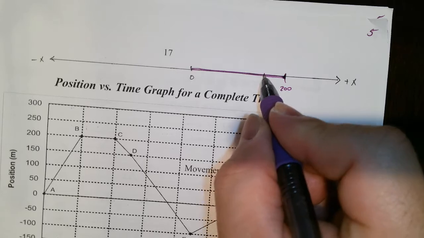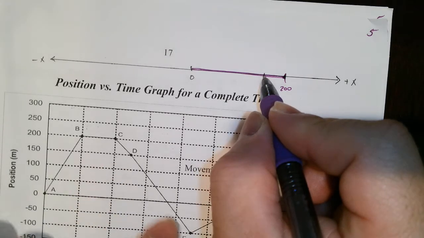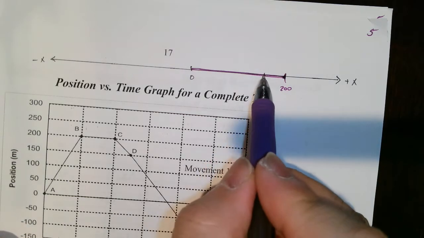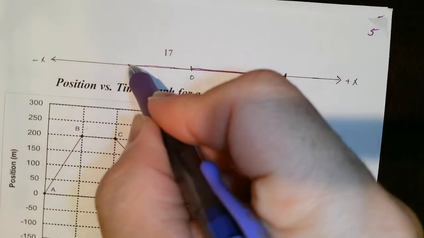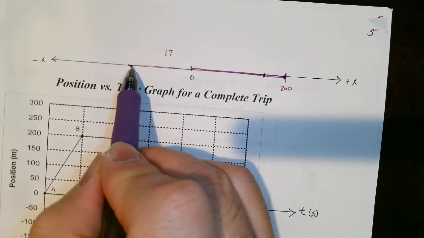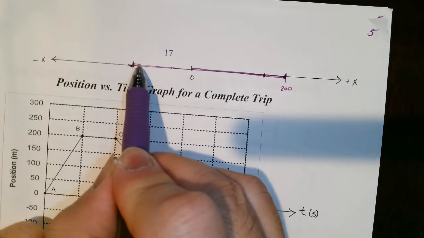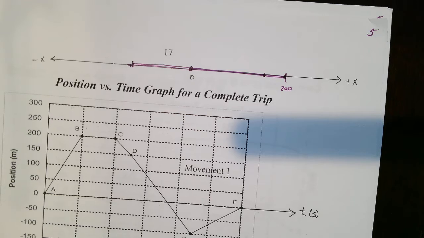And then it continued to go in the negative direction, past the origin, to 100 meters behind the origin. Then it turned around and came back to the original place. That's the motion of this.